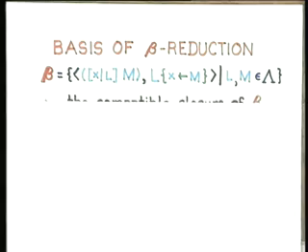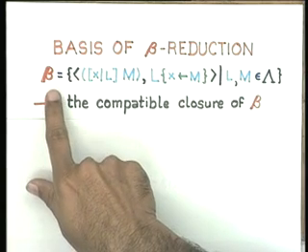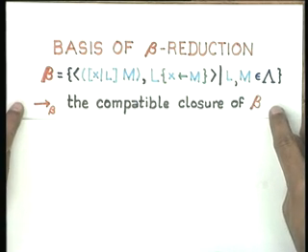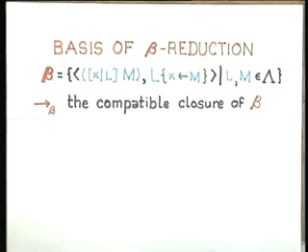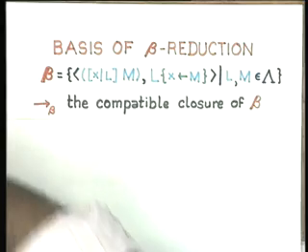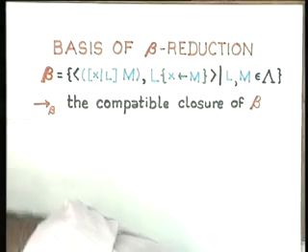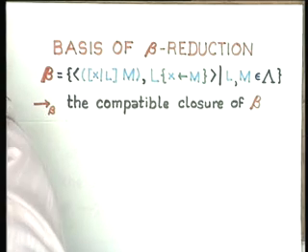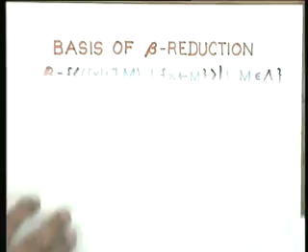Your one step beta reduction is really what might be called the compatible closure of this set. What is the compatible closure? It is just that when you get these applications in some context, then the whole context reduces that way. This is something that we have done before. The compatible closure consists of these rules which we gave in the operational semantics.